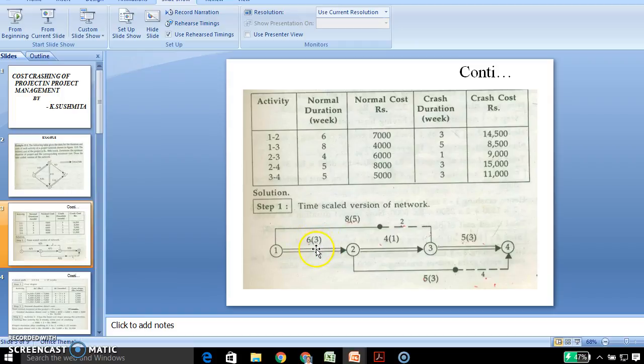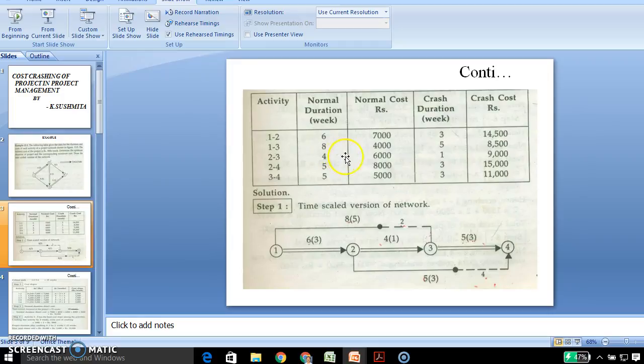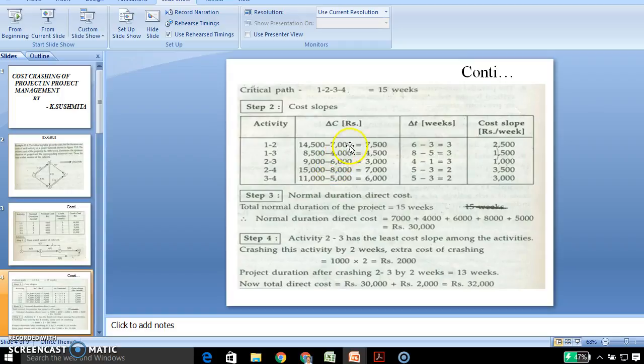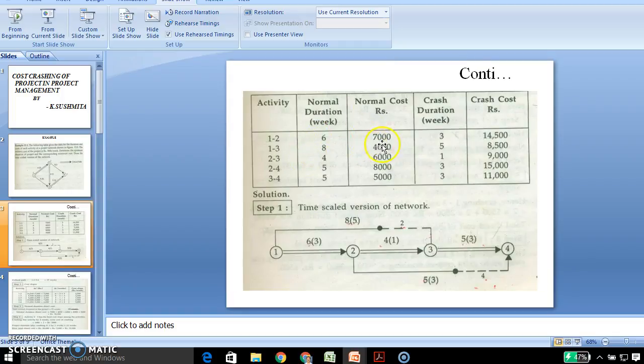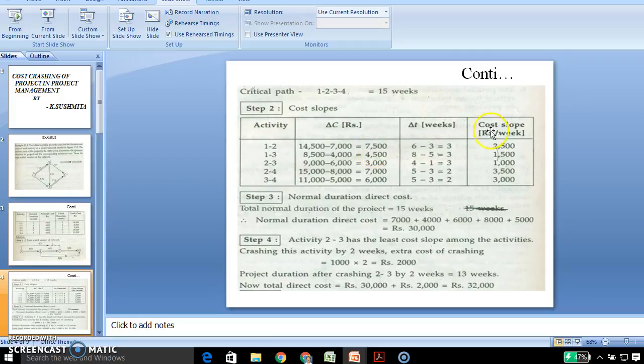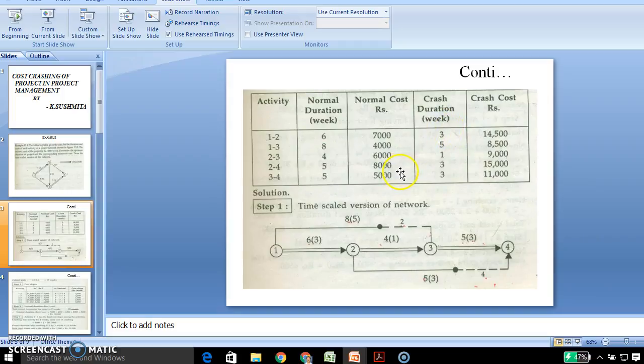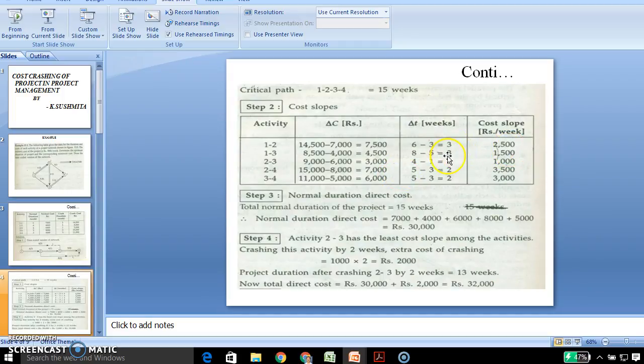For this activity, the crash cost is 14,500 and the normal cost is 7,000, so delta C is 14,500 minus 7,000, which is 7,500. Similarly for the duration, normal duration minus crash duration gives delta T, and the cost slope, delta C by delta T, is obtained as 2,500.